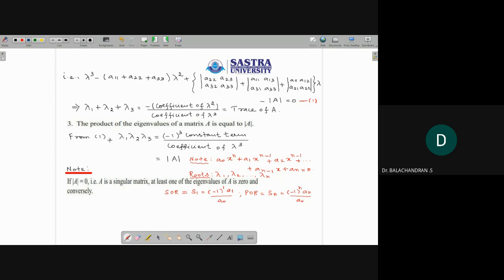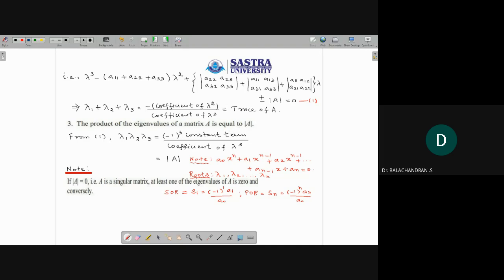So here, the product of the roots lambda 1, lambda 2, lambda 3 is equal to minus 1 whole power n, where n is 3 in our problem because it is a cubic equation, into An. An is the constant term divided by A0, and A0 is the coefficient of lambda cube. What is the constant term here?